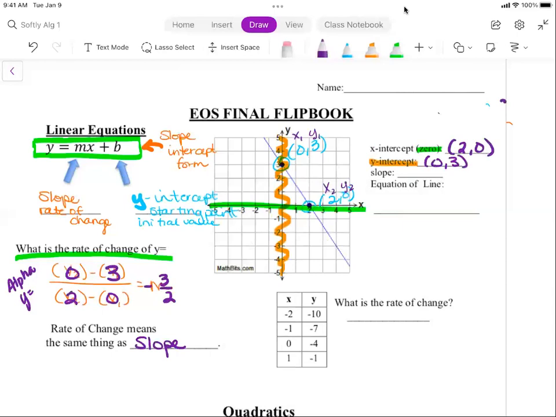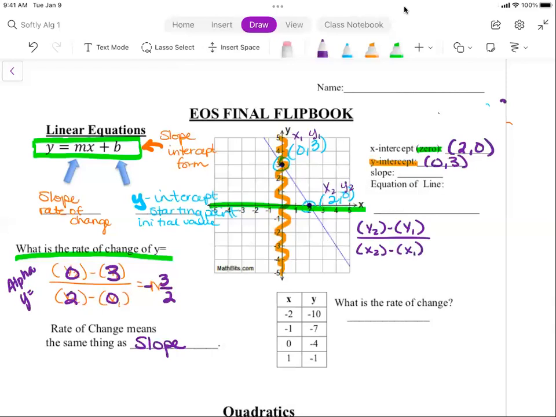Now I want to know my slope. This is very easy. What would my slope be? Well, let's see. I've got to remember my formula: y2 minus y1 over x2 minus x1.